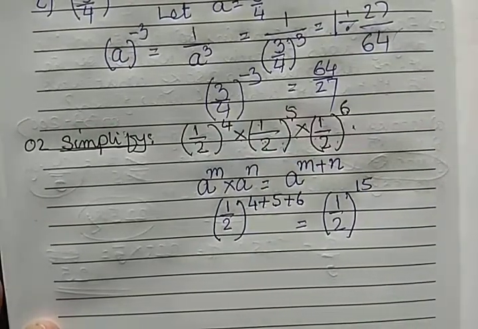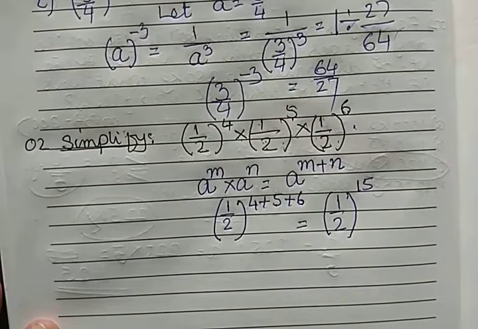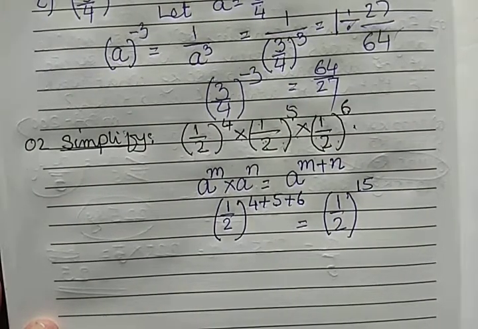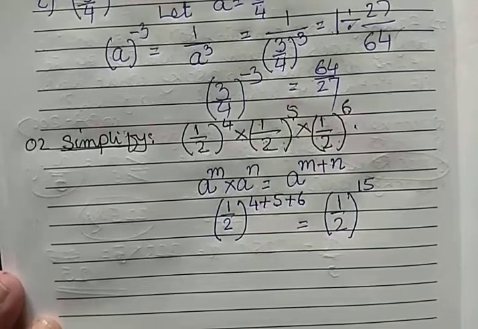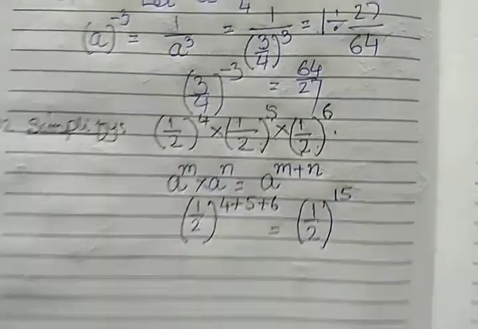When you simplify 1 by 2 to the power of 4 into 1 by 2 to the power of 5 into 1 by 2 to the power of 6, what do you get? 1 by 2 to the power of 15 you get. So let us do some other examples.